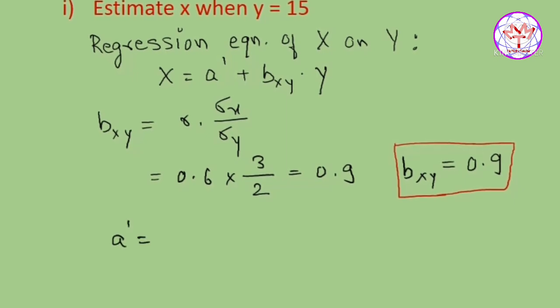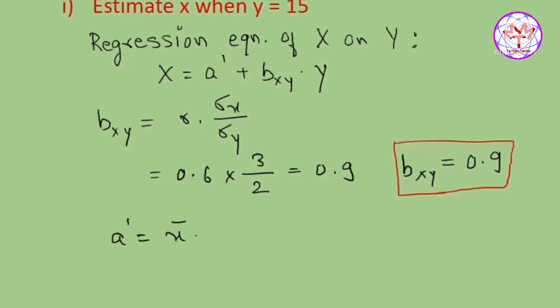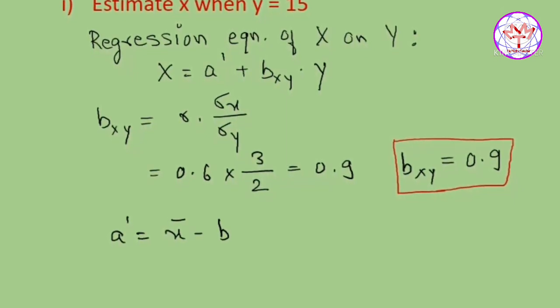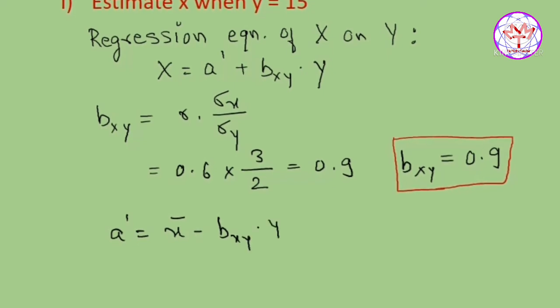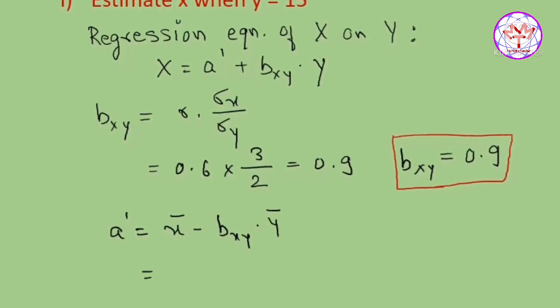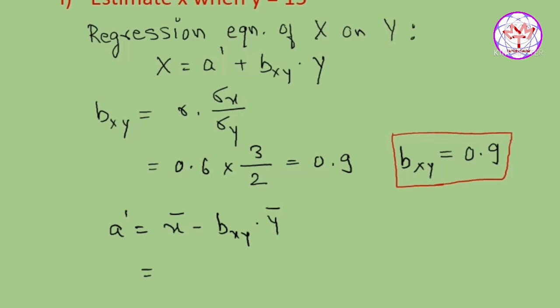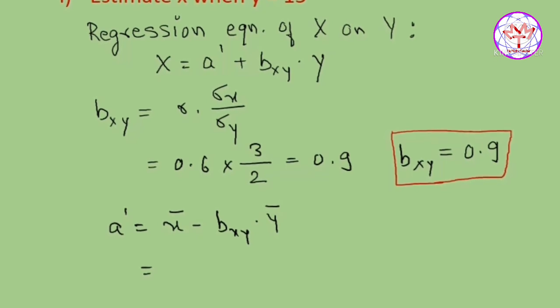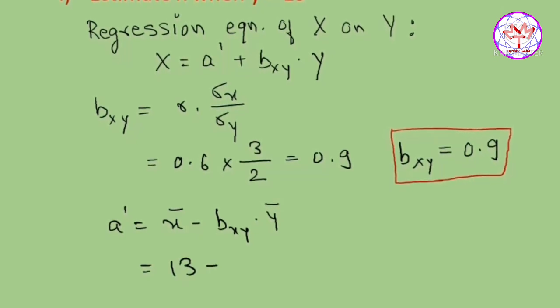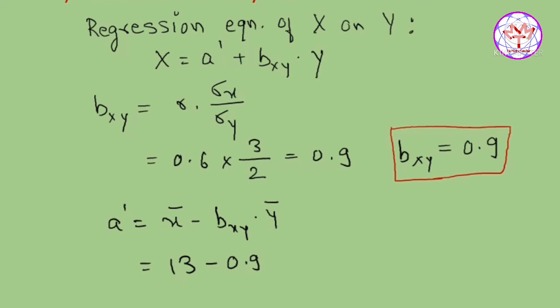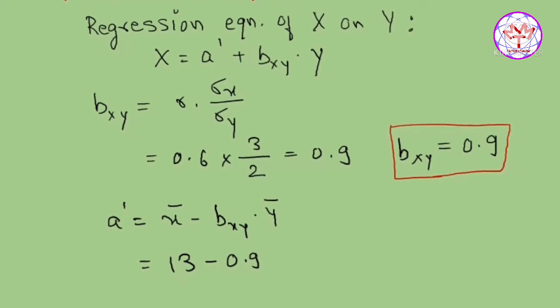Now we have to find a dash. A dash is x bar minus bxy into y bar. So let us substitute the values. X bar is 13 minus bxy, that is 0.9 into y bar. Y bar is 17.